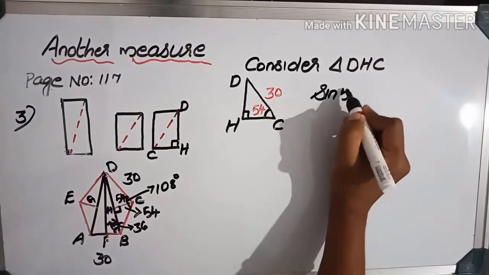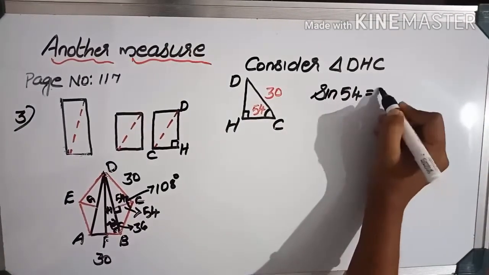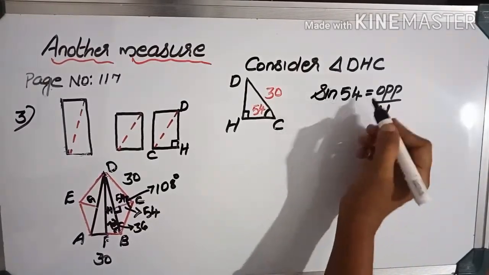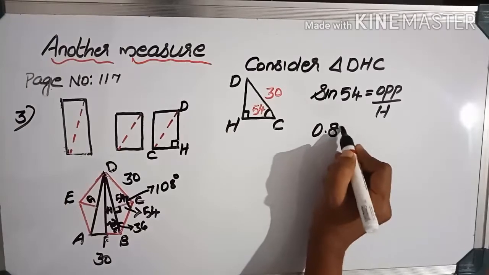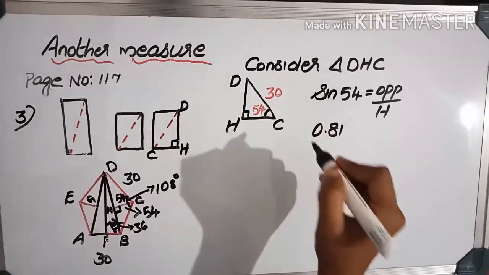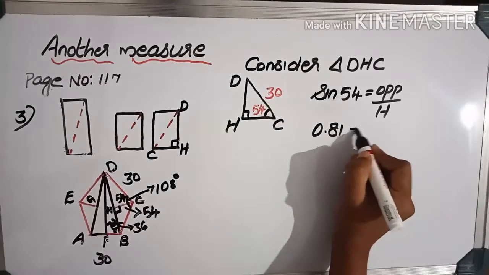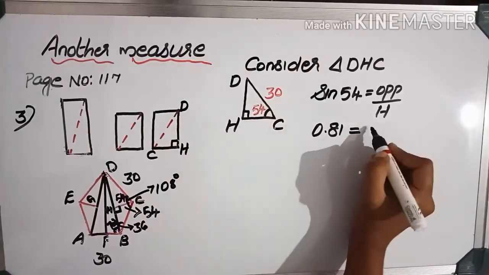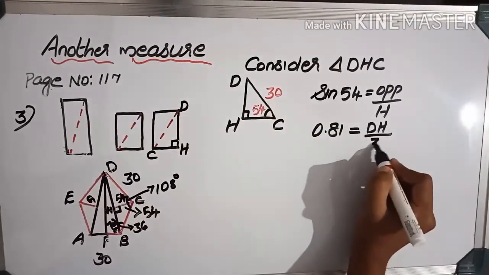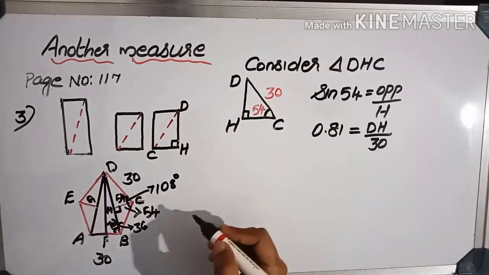So sine 54 equals opposite side by hypotenuse. Now sine 54 is 0.81. Here onwards I am using only 2 decimals after converting. So 0.81 equals opposite side DH by hypotenuse, given as 30.